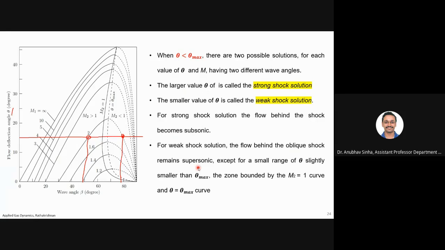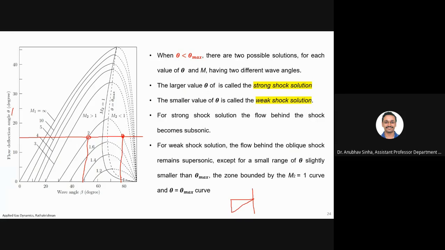Basically what will happen is that you have 2 components. When the flow is coming to an oblique shock, you have one normal component and one parallel component.